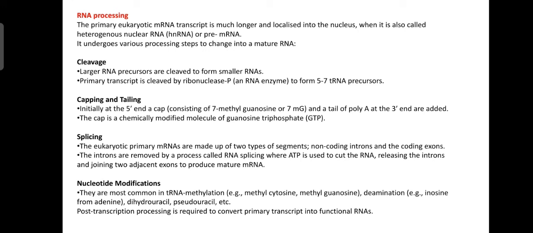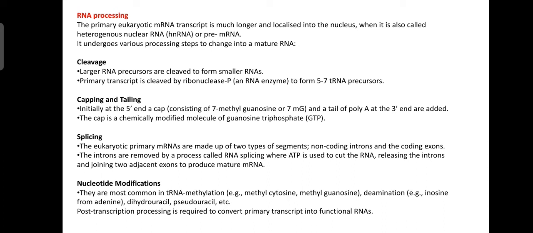Let us look at what RNA processing is. The mRNA transcript is much longer and localized in the nucleus. After the termination process, this mRNA moves out to the cytoplasm. It will undergo various steps to change into a mature RNA.